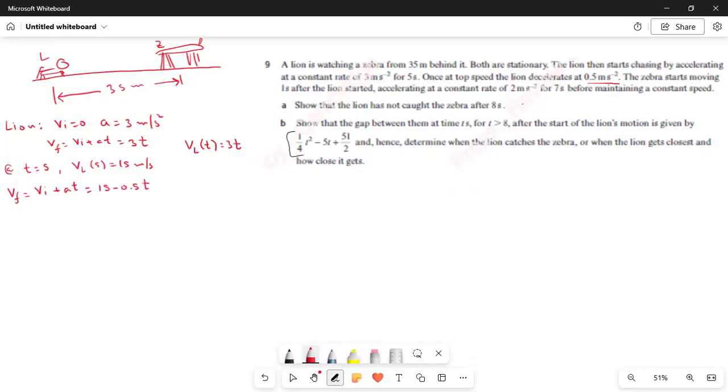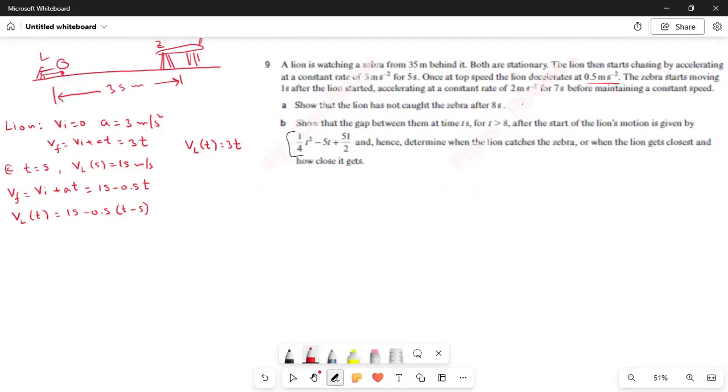But I want to count the time from the beginning, so this equation is valid after 5 seconds. So I will write the velocity of the lion as a function of time: it is 15 minus 0.5 times (t minus 5). And this equation is valid after 5 seconds, right?